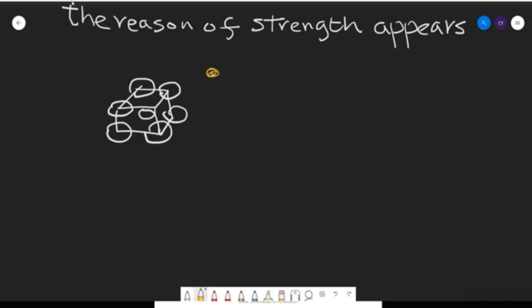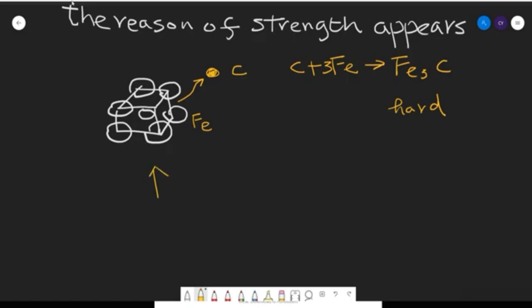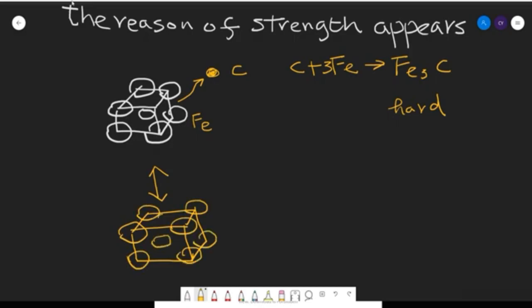When the carbon goes outside, we know this is steel. So carbon and the steel become Fe. This is very hard. Another is an FCC structure.